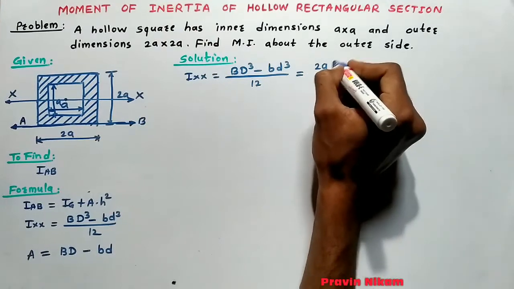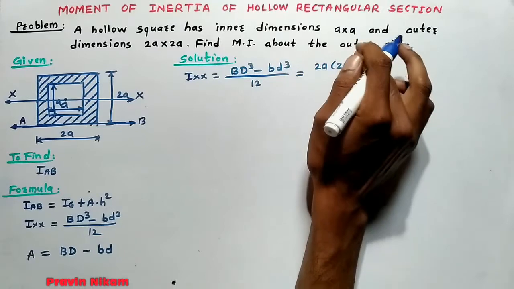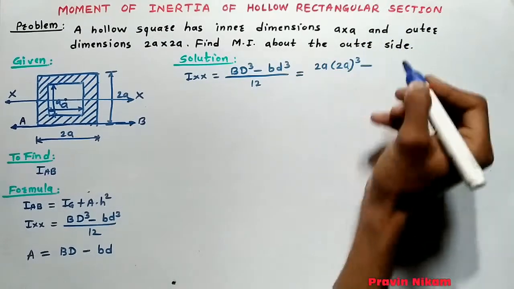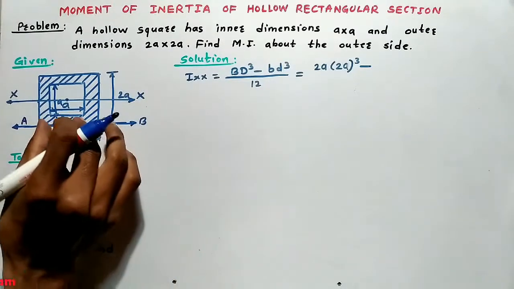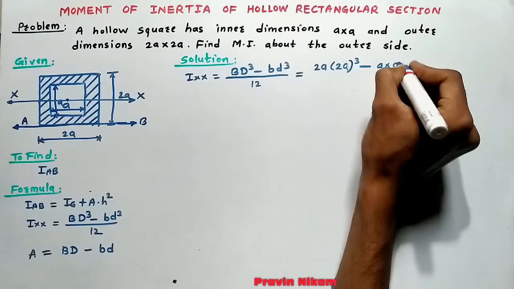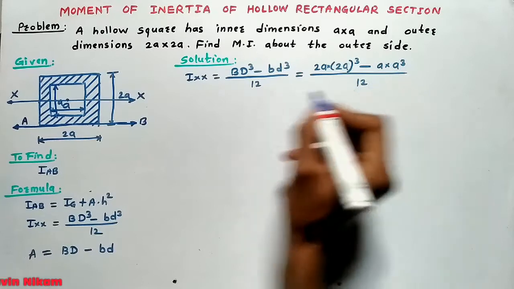So 2a into 2a cube minus small b is a, small d is a, so a into a cube, divided by 12.